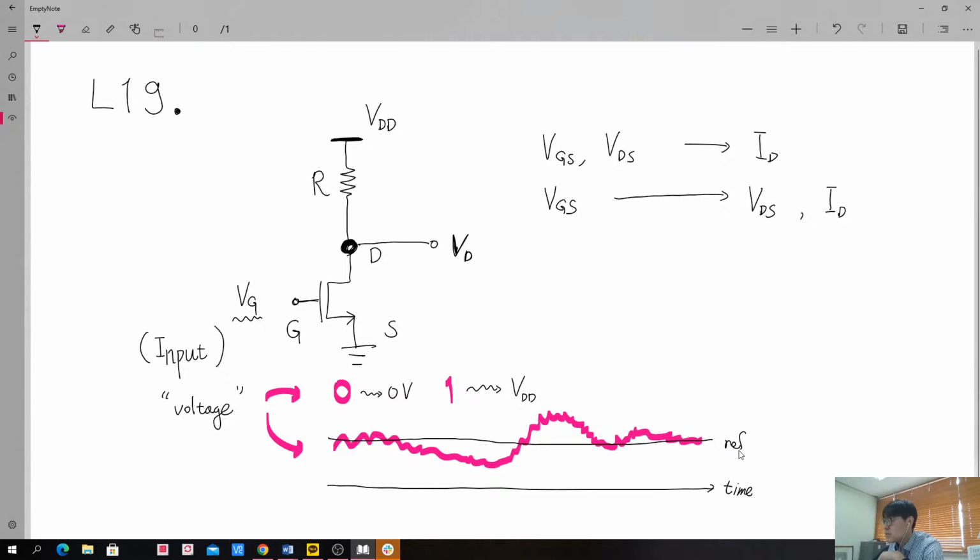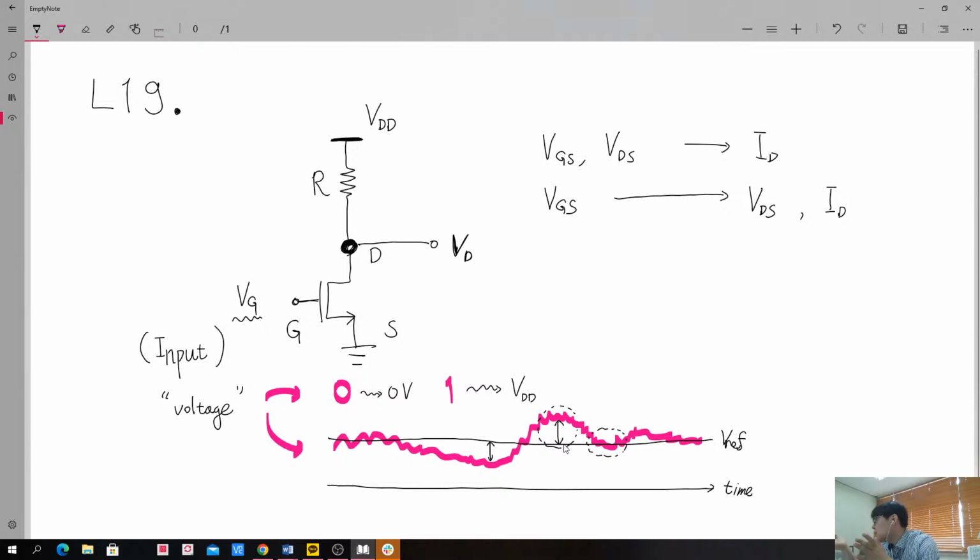Let's say this is V reference, then the difference is interpreted as a signal. So for example, if we are looking at this part, the signal strength is weak, and here we have a strong signal. Those are two ways of treating our information as an input voltage.